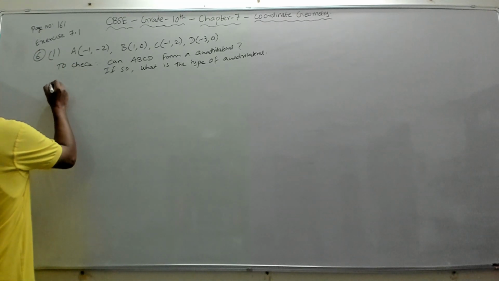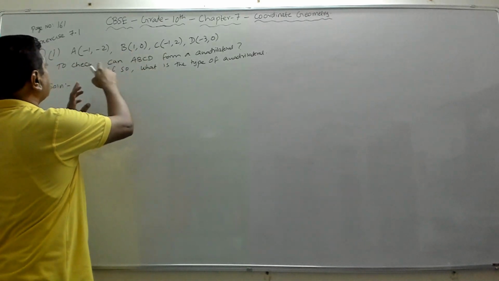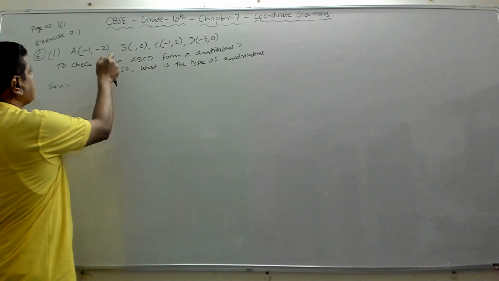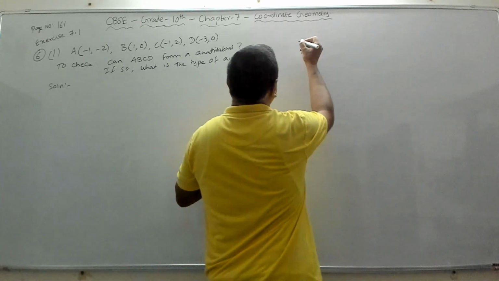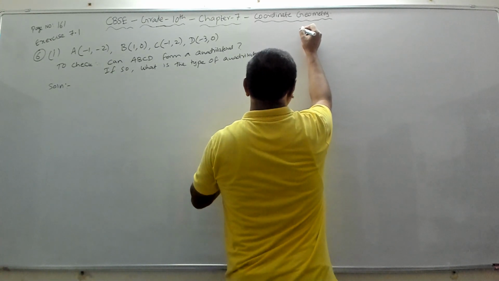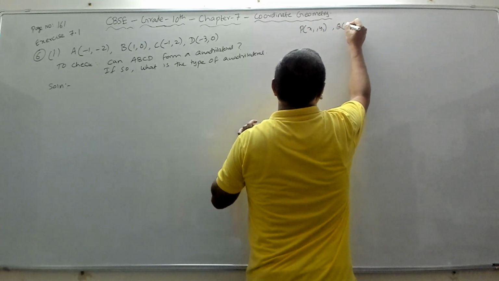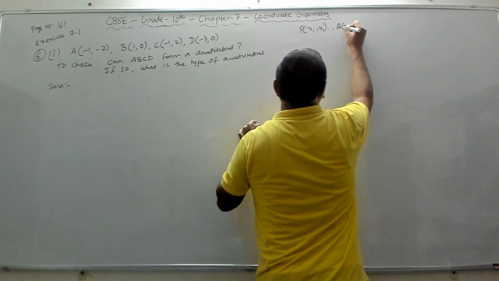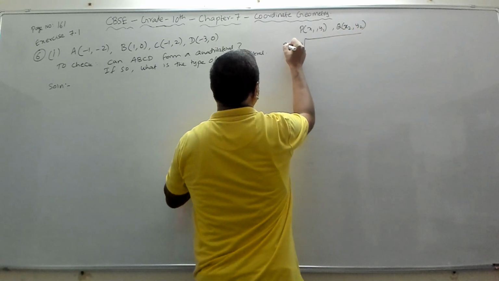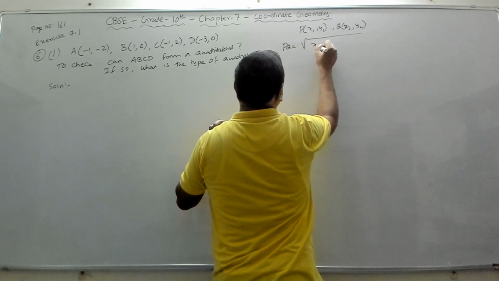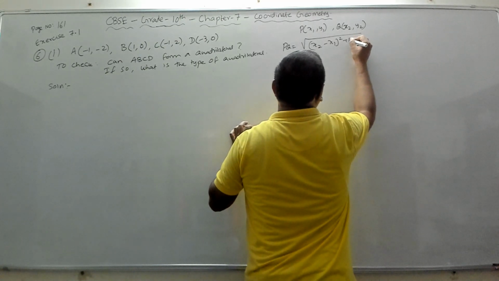So for the solution, let's find the distance between any 2 points, which means let's find the length of AB, BC, CD and DA, right? And what is our distance formula? If a point P is (x1, y1) and our point Q is (x2, y2), then the distance PQ is defined as the square root of (x2 minus x1) the whole square plus (y2 minus y1) the whole square.